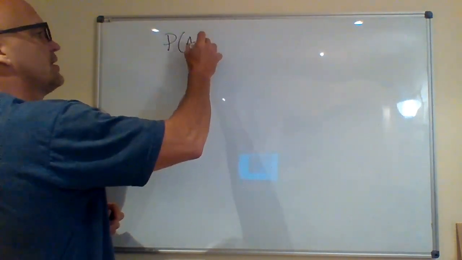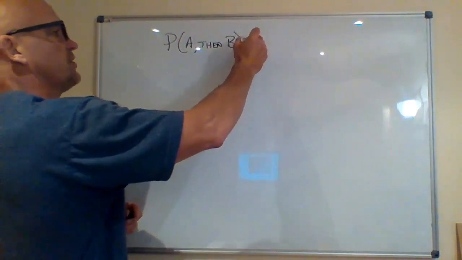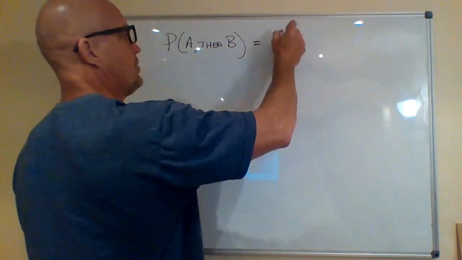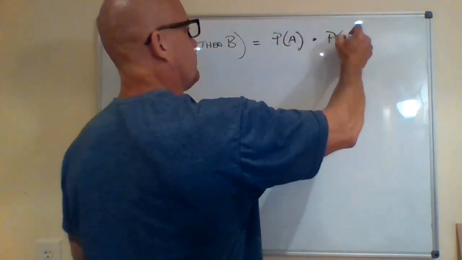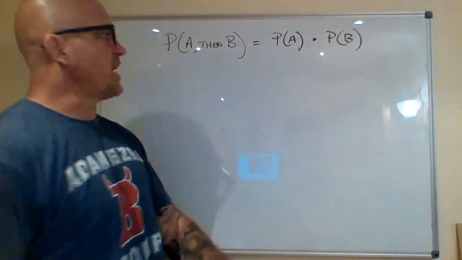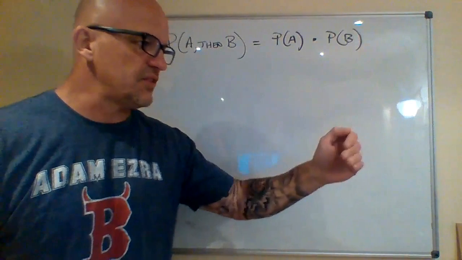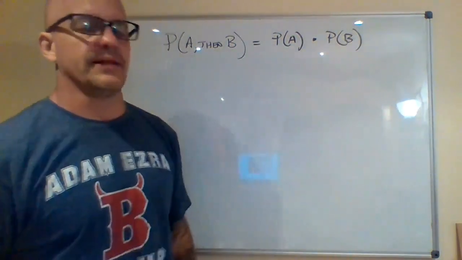So if I say, what's the probability of A, then B, it's a real simple thing to figure out. You just simply do the probability of A, and you multiply that by the probability of B. And we could do this for as many steps as you want. Say I had probability of A, then B, then C, then D. You would simply find the probability of each thing and then multiply it together.